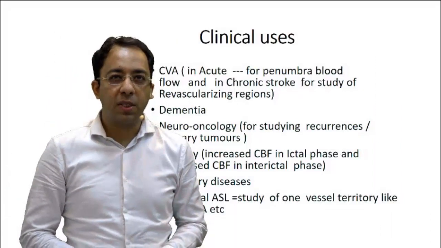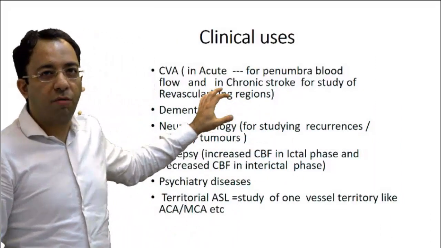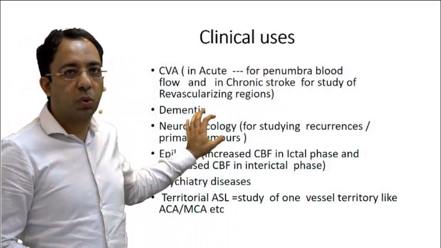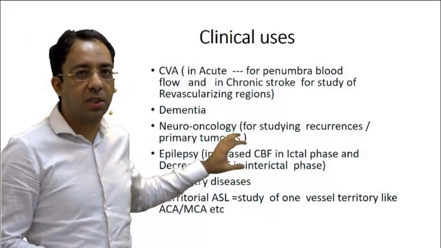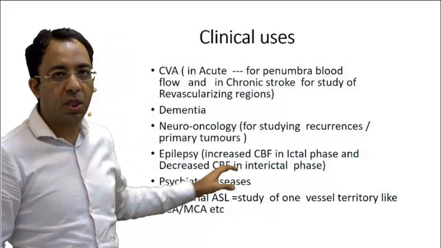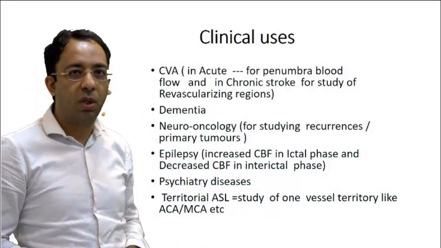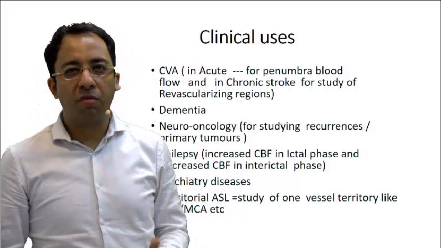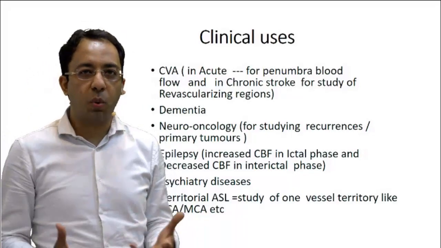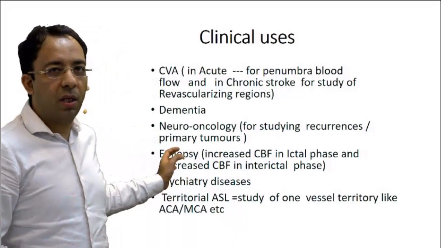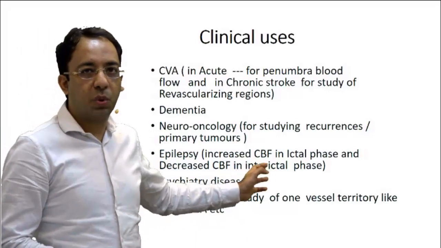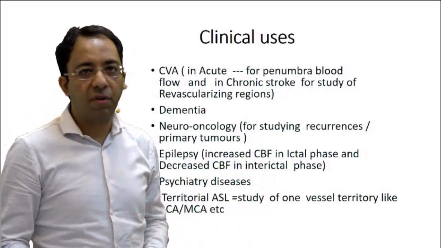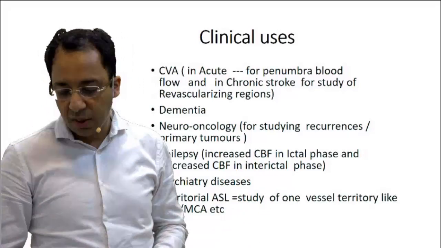Today ASL has uses in stroke, to look for penumbra and to look for revascularization in chronic stroke, to assess the blood flow in dementia, just like we saw in our example, to look at brain tumors and find out if there is a recurrence or not by looking at the blood flow, and to find the epileptogenic focus, which would have increased cerebral blood flow in the ictal phase and decreased flow in the interictal phase.